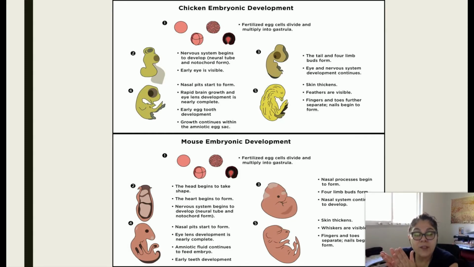And when we look at the mouse, we see similar formations at different points. If you sit here and take a moment to compare these, you'll see that the formation of the structure starts happening at stage 2. The nervous system for the mouse starts at stage 2, where it really starts much later in the chicken.